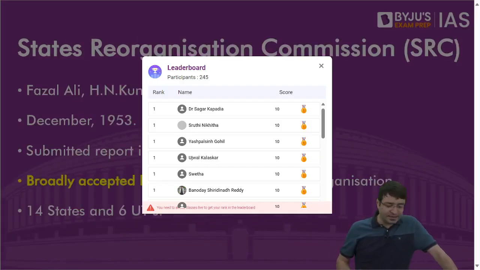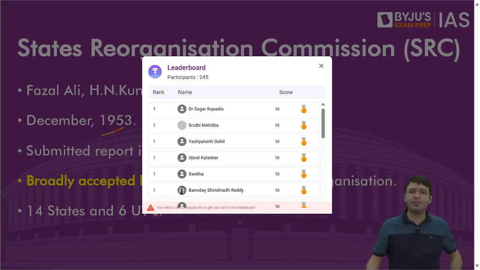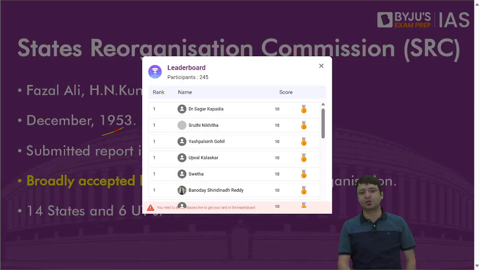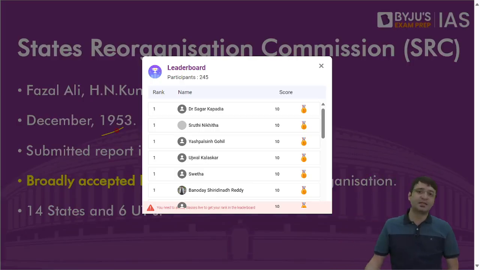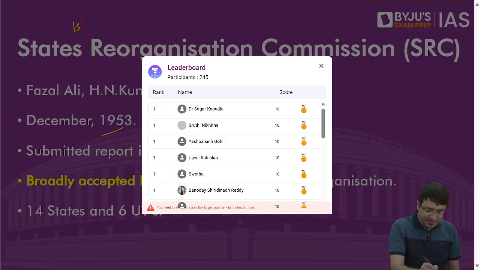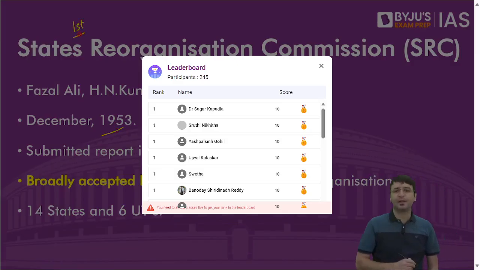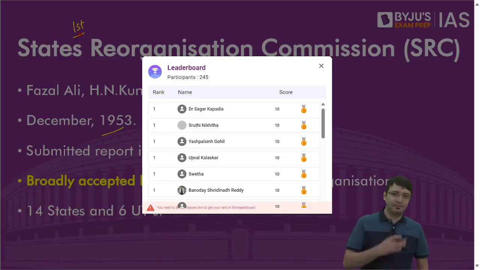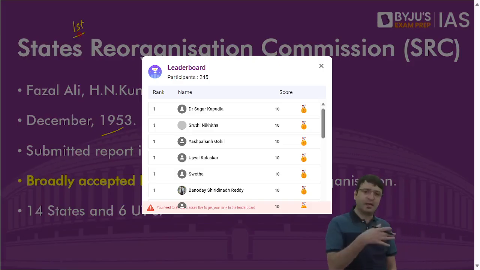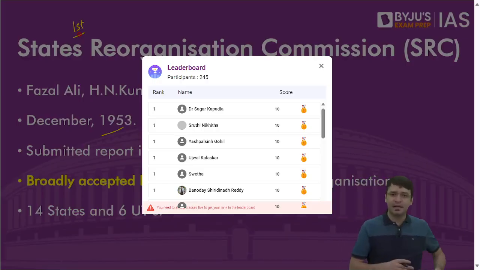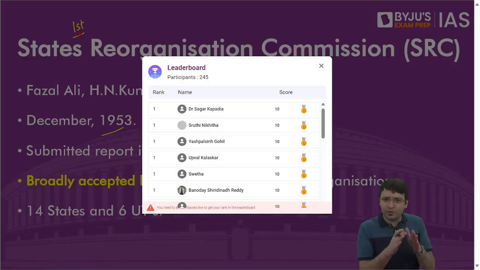And for that, in December 1953, a committee was set up known as the States Reorganization Commission, or the first States Reorganization Commission. This was headed by Fazal Ali, with H.N. Kunzru and K.M. Panikkar as the other members. They had the job to decide on what grounds we should reorganize this country.